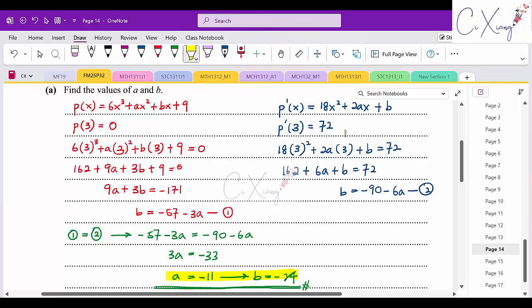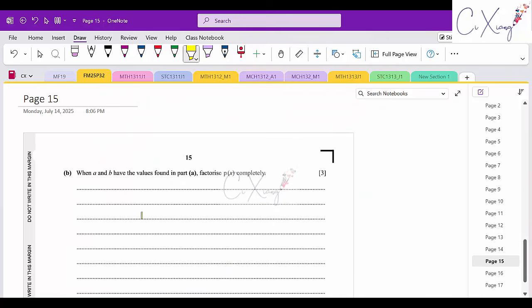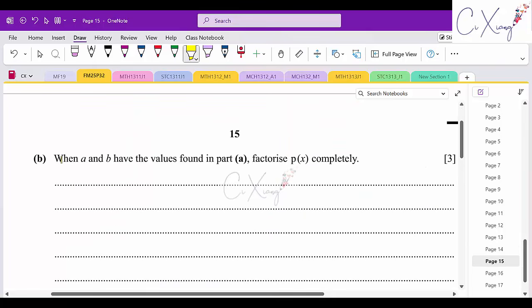Right, so let's continue to part B. For part B, they said when a and b have these values found in part A, factorize p(x) completely. Highlight the keyword factorize. The word factorize tells us that it is related to factor.